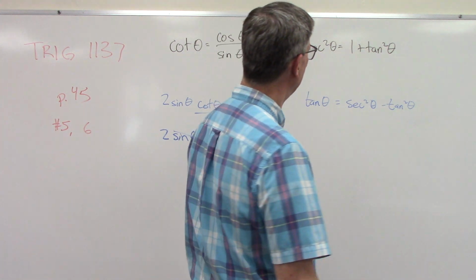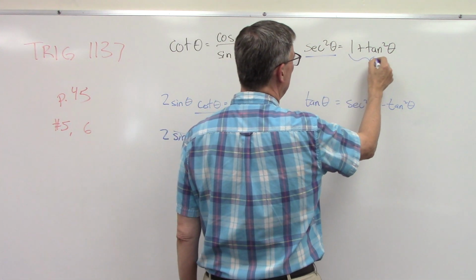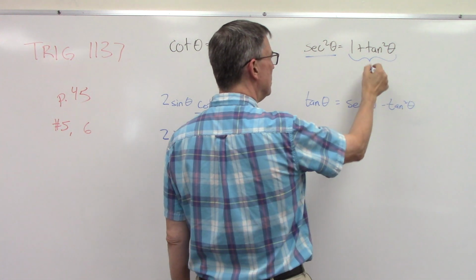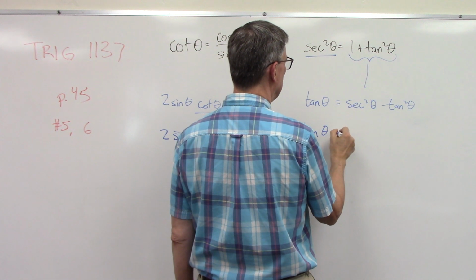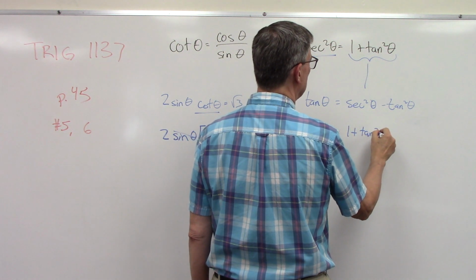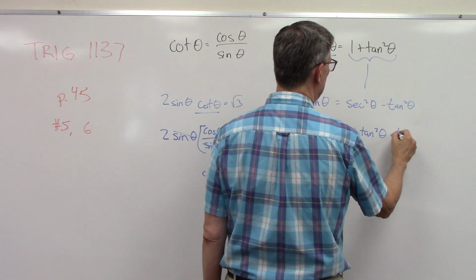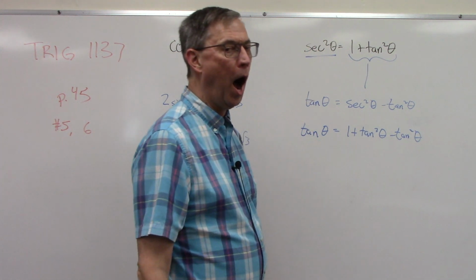Now let's look over here. Secant squared is 1 plus the tangent squared. So I'm going to substitute that there. So tangent theta equals 1 plus tangent squared theta minus tangent squared theta.